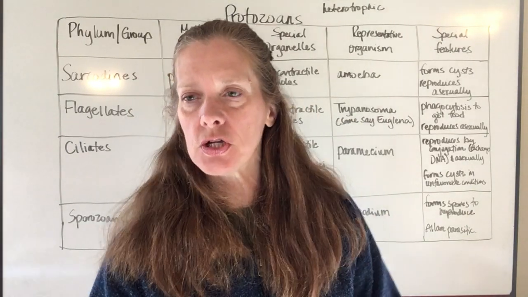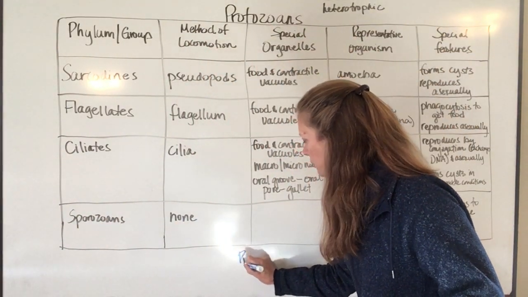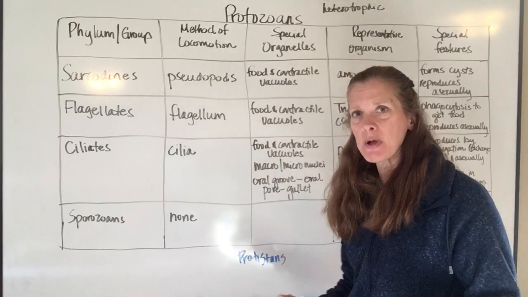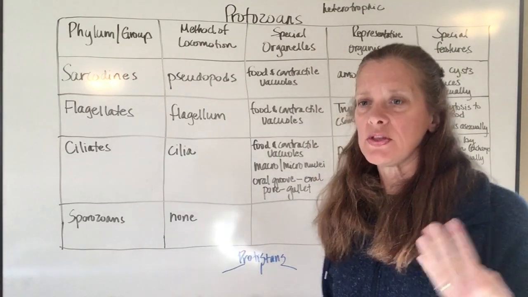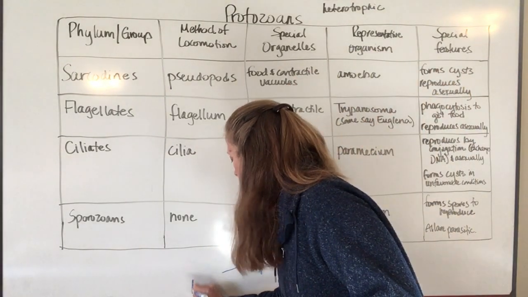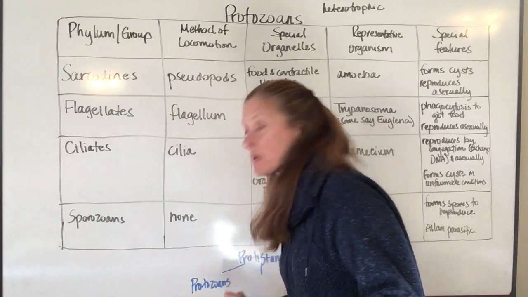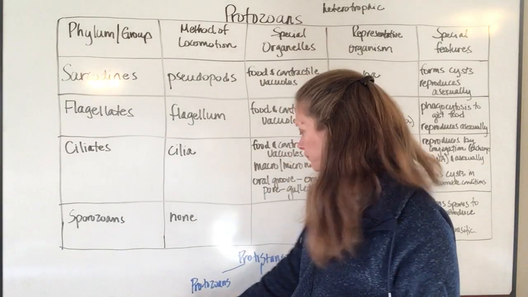So if I were going to use a branching diagram for the protistans, I would put all protistans up here at the top, and then I would further break that down into the animal-like protistans, which are the protozoans, and because we classify them by feeding habits, the protozoans are all heterotrophic.